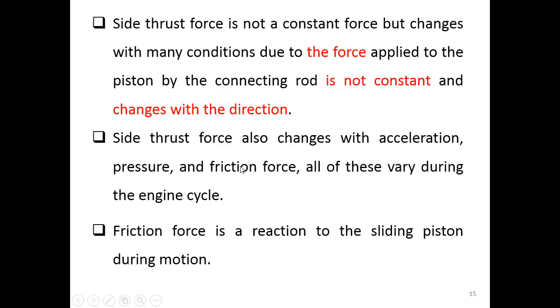If you draw the free body diagram of the piston, they are all related. If the piston moves faster, the side thrust force changes. If the combustion is heavier, the pressure inside changes, so the side thrust force changes. And if the friction force changes due to the piston motion, the side thrust force also changes. So all of these forces vary during the engine cycle.